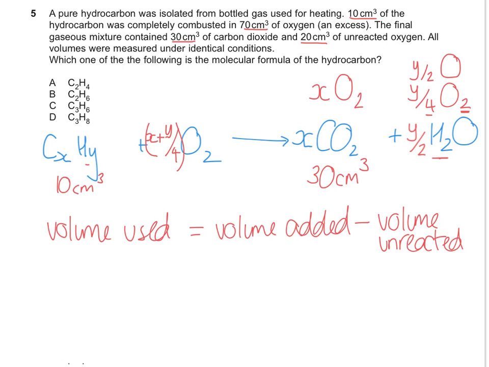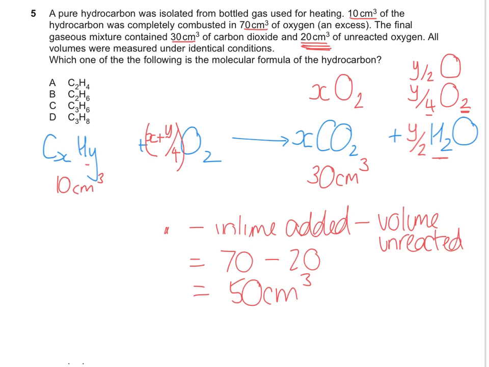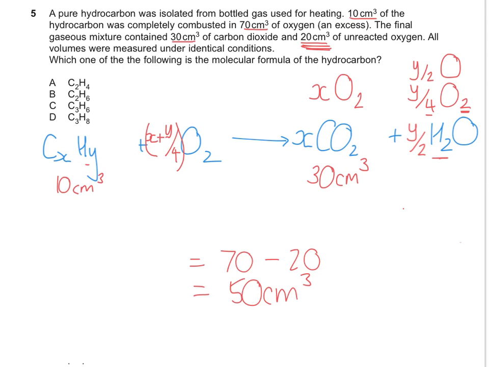We can see from the question that we had 20 centimetres cubed of unreacted oxygen. So it's going to be 70 centimetres cubed minus 20 centimetres cubed, which gives us 50 centimetres cubed. Okay, so I'm going to rub that out to give us some room. So we know that 50 centimetres cubed of oxygen reacted. So again, we can write that underneath the equation.